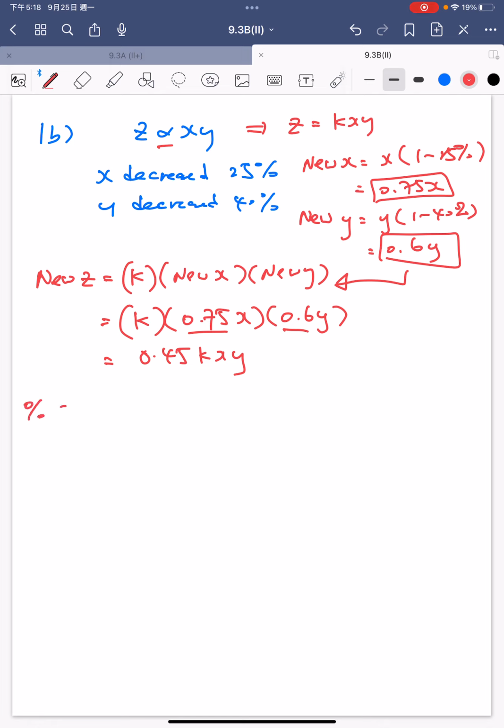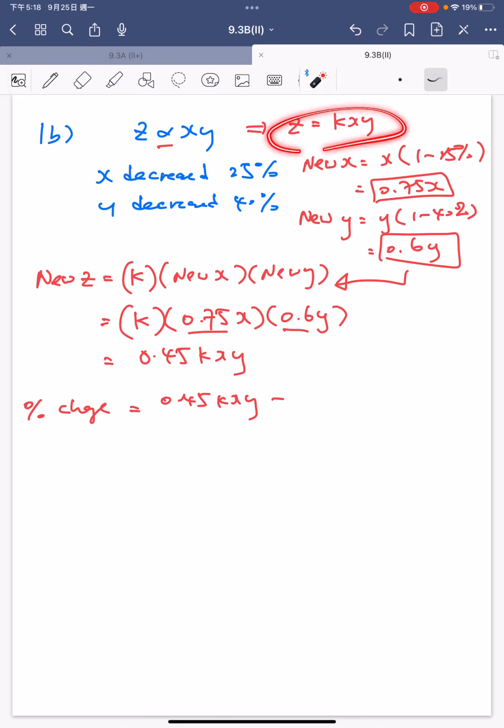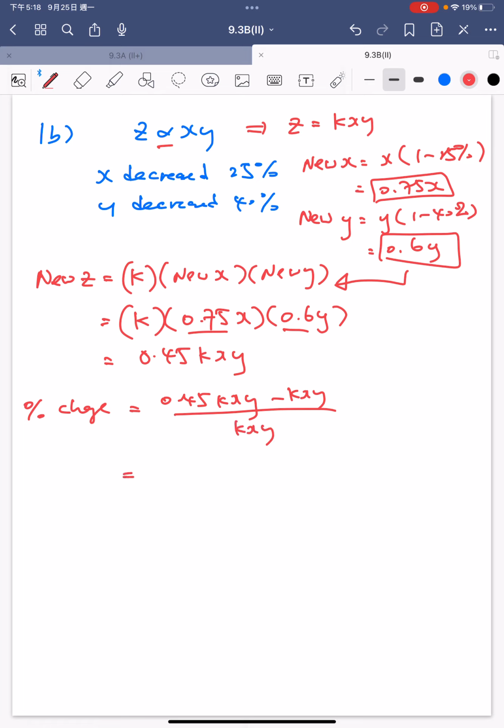Then using the percentage change formula, we have the new z, which is 0.45 kxy, minus the old z, which is kxy, divided by kxy. Then we take out kxy as our common factor, so we have 0.45 minus 1, divided by 1.